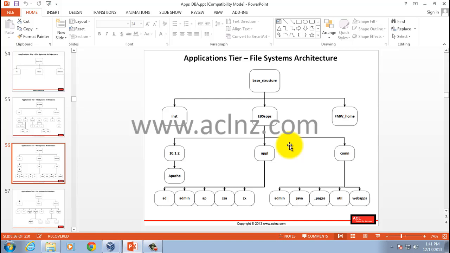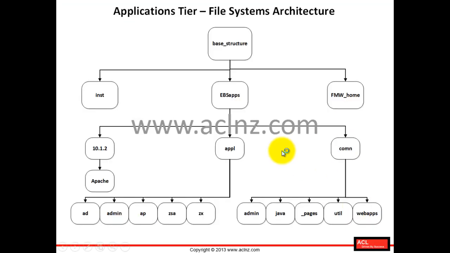Then the third one, which is most important as far as release 12.2.2 is concerned, is the Fusion Middleware home. This is another key top-level directory added in release 12.2, and it's completely new. As I said, the 10.1.3 application server directory has now been replaced with the WebLogic Server home within the Fusion Middleware home.